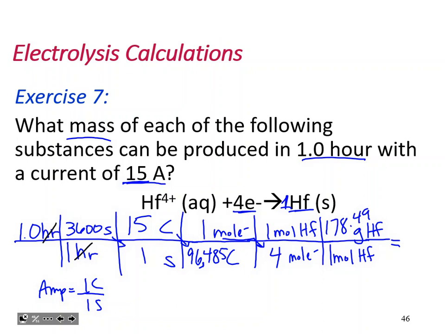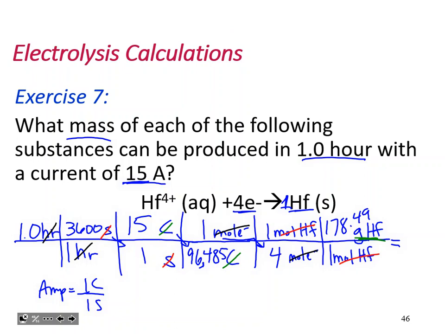Hour, seconds, coulombs with coulombs, moles of electrons, moles of the hafnium, and we do end up getting our grams, which is what we want. Then all you have to do is calculate.